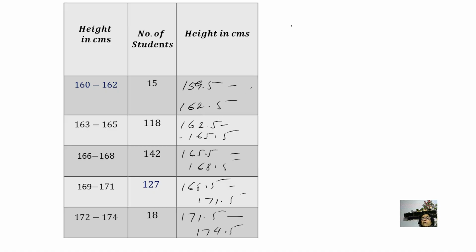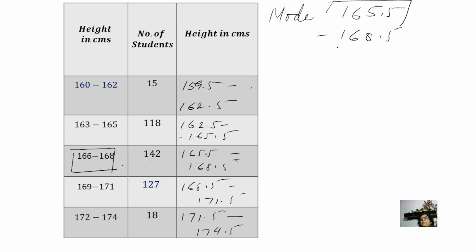So here now, again getting back to the formula, the mode is equal to L plus F1. So this is the modal class over here, maximum frequency is 142. So we get the modal class is 166 to 168. But we'll take this value, that is the modal class is 165.5 to 168.5. This is the modal class.